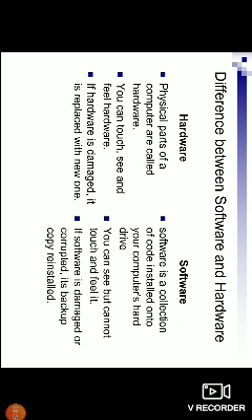So next one, differences between software and hardware. The physical parts of a computer are called hardware, whereas software is a collection of code installed onto your computer's hard drive.